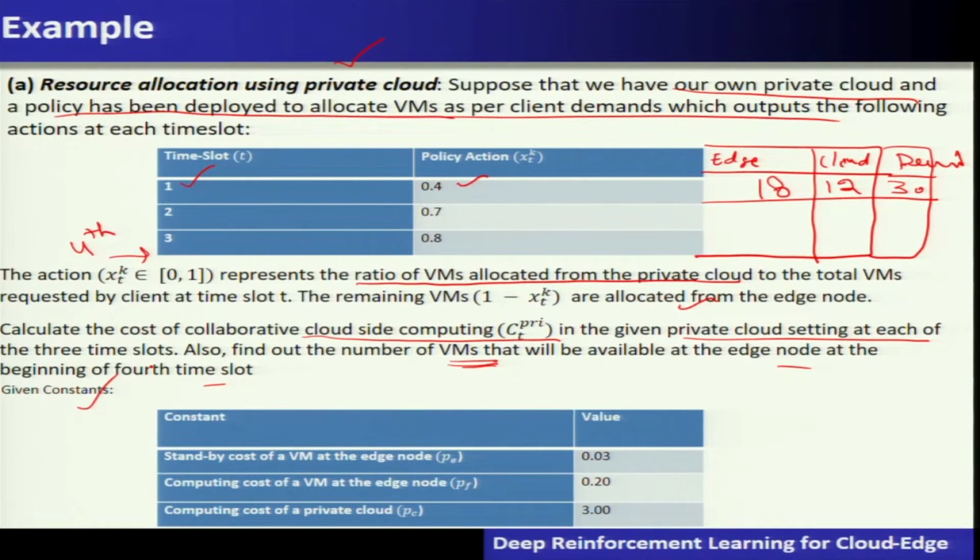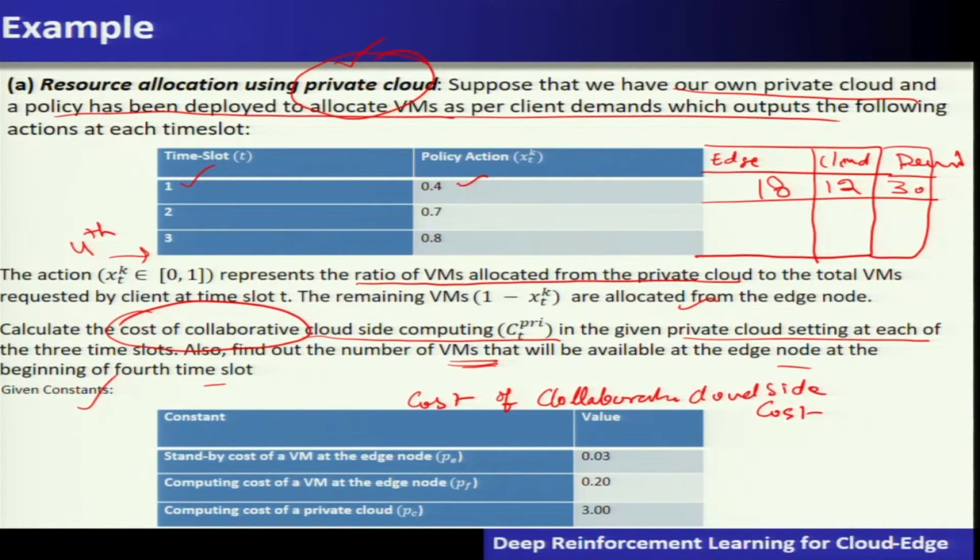So let us see the given constants to calculate this cost. What are the parameters to calculate the cost of collaborative cloud edge? In the model, we have already considered the cloud as a private cloud.